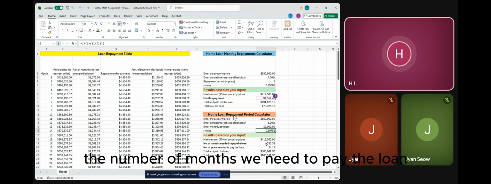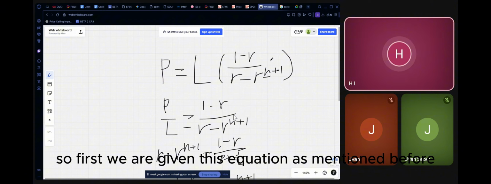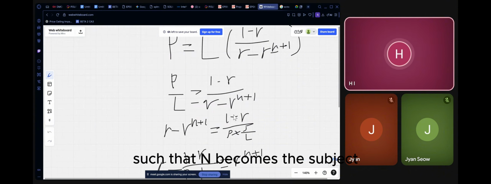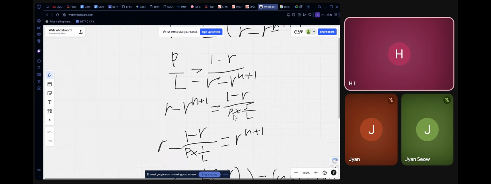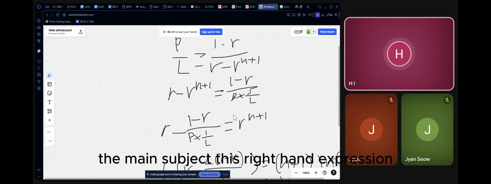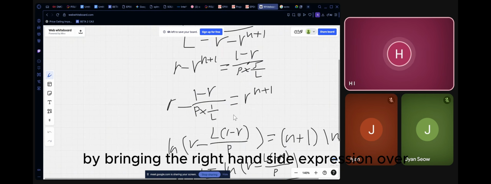The number of months we need to pay the loan is given by this formula. First we are given this equation, as mentioned before, and we need to manipulate it such that n becomes the subject. So we have P over L, bring L over, giving us this right hand side expression, and then we make R minus R to the power of n plus 1 the main subject. Then we make R to the power of n plus 1 the subject by bringing the right hand side expression over.